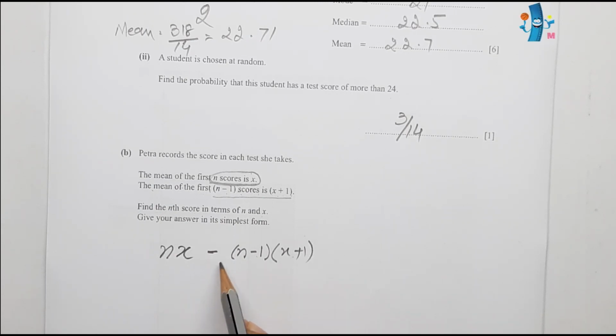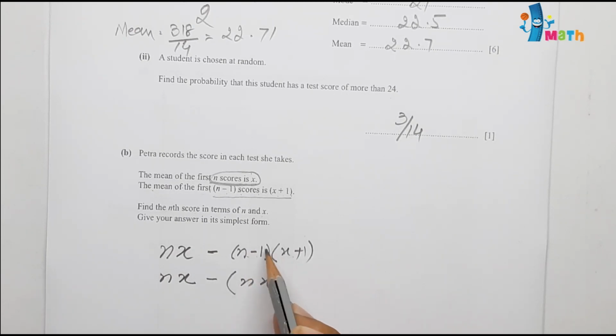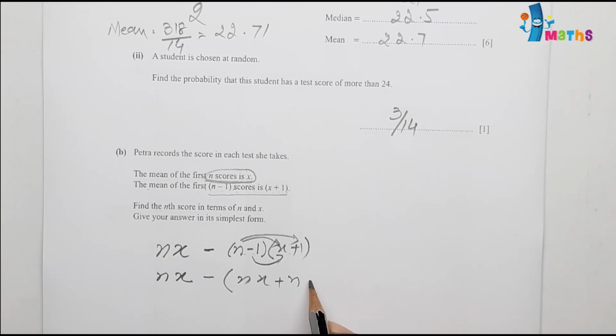So this is for n values and this is for n minus 1. If we subtract n minus 1 values from n values, we will get the nth score. If we simplify, we can open the brackets. First we multiply: n into x is nx, n into 1 is plus n, minus 1 into x is minus x, and minus 1 into 1 is minus 1.